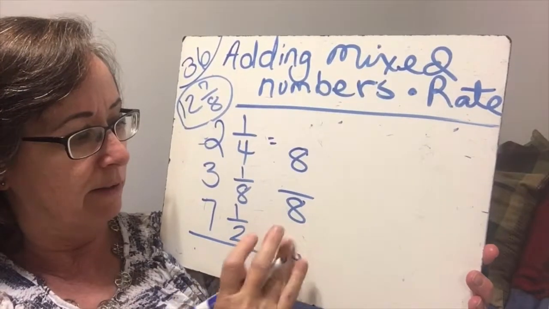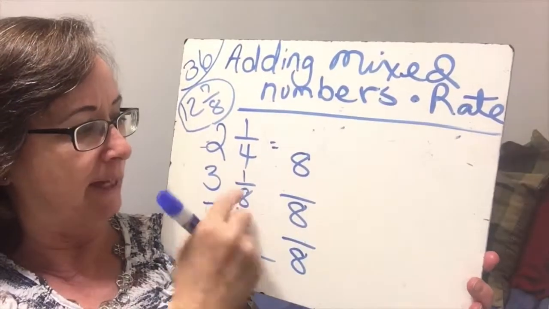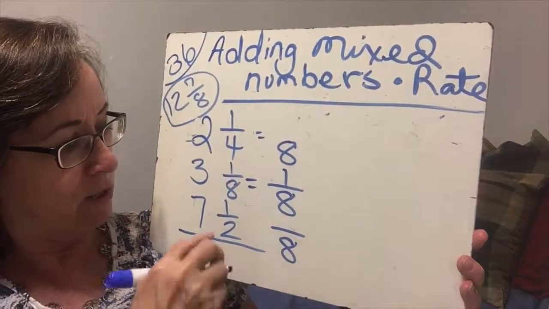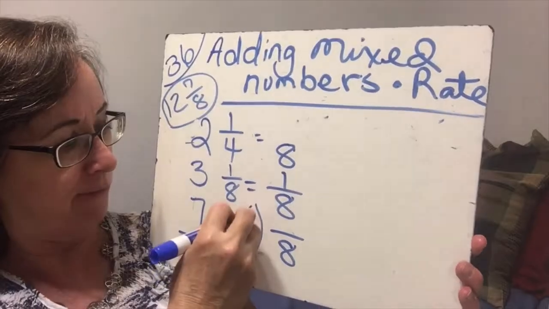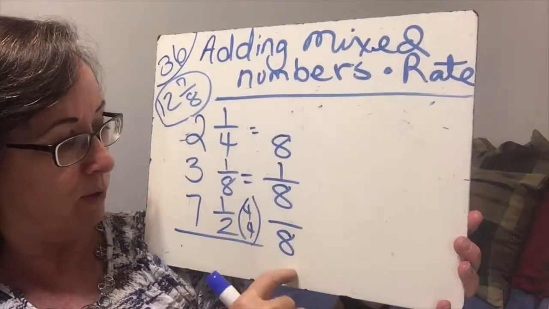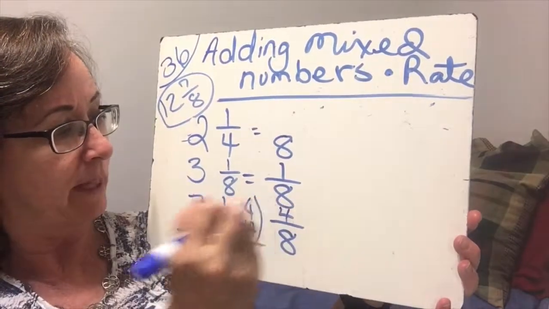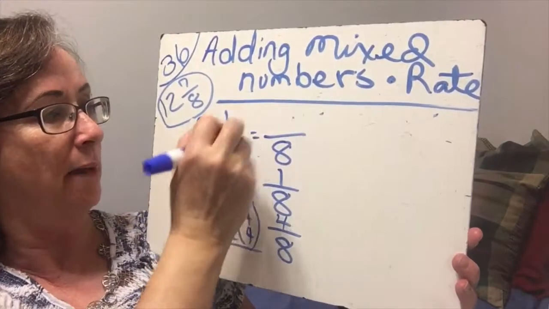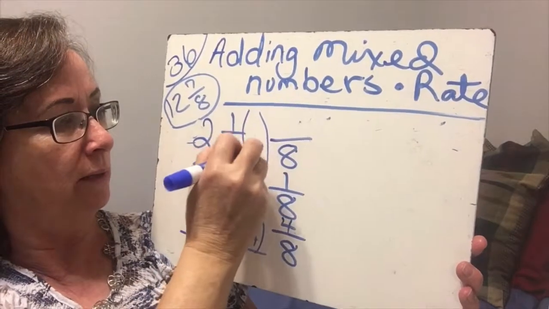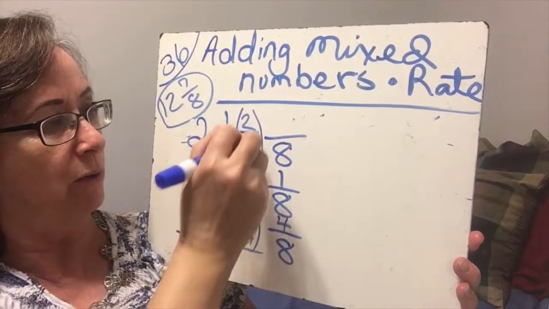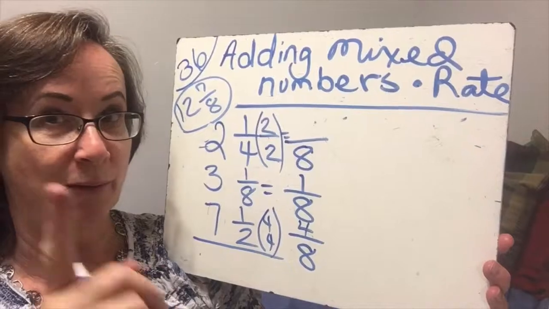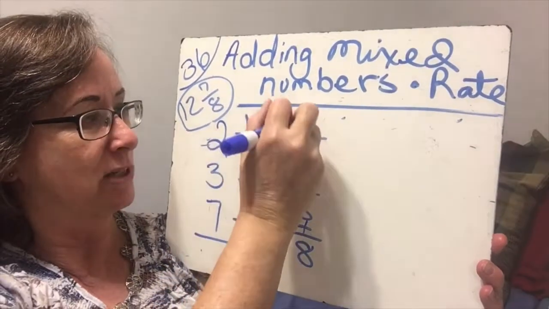Okay, now the very middle one there already has a denominator of 8, so that's not going to change. But 2 is going to multiply by 4 over 4 to get to be 8. So 2 times 4 is 8. 1 times 4 is 4. And up here on the top, we're going to multiply 4 times 2, but we're going to make that a 2 over 2 because we always multiply fractions by 1. Okay, so 2 over 2 is 1, isn't it? So we're going to get 2 eighths.